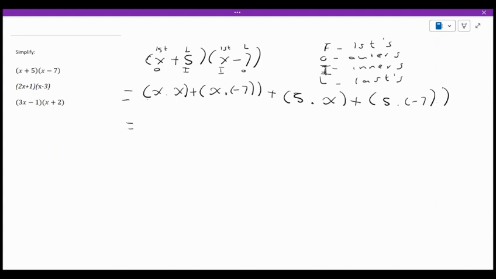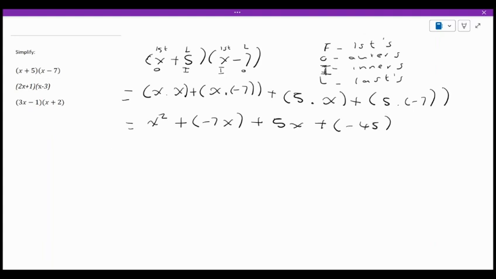Now we should go and multiply these. x times x means those are two x's, so it's going to be x squared, plus x times negative 7, that's negative 7x, plus 5 times x gives us 5x, plus 5 times negative 7, that gives us negative 35.